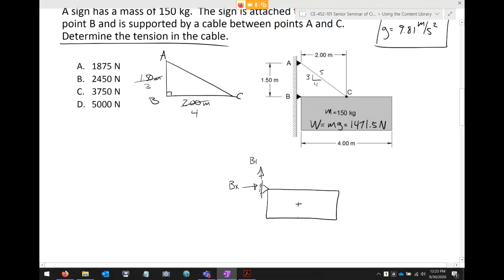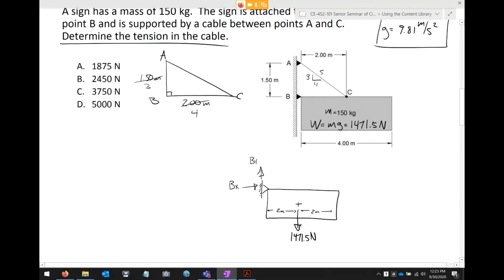So I'm going to idealize this 1471.5 Newton force going right through here. And so that means that this dimension here is 2 meters, just like this one is, because the sign itself is 4 meters wide.